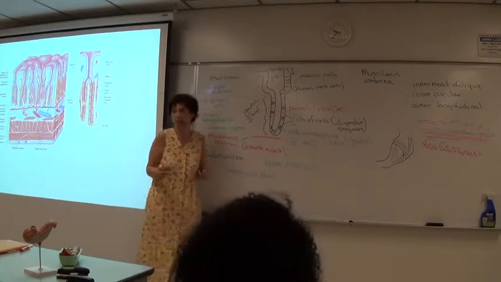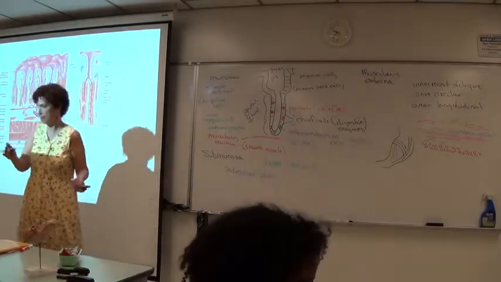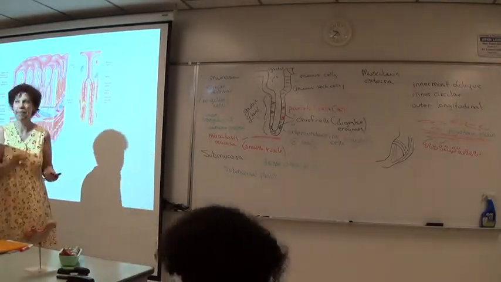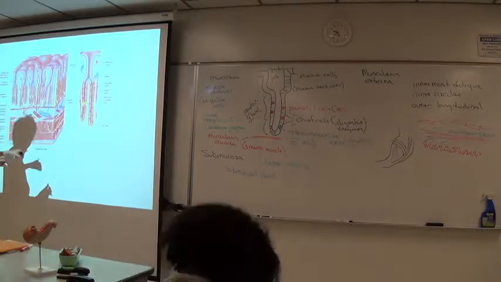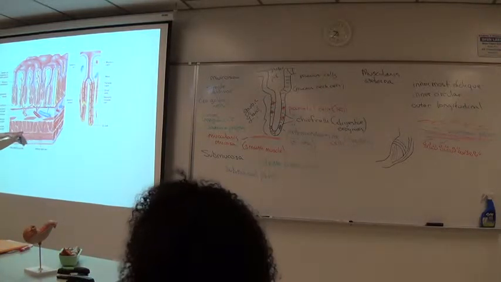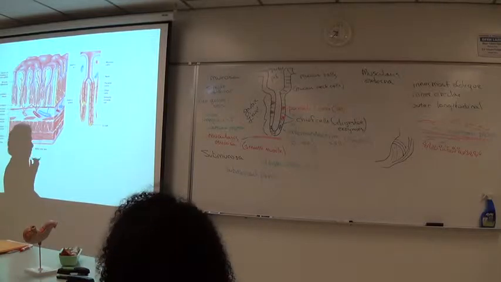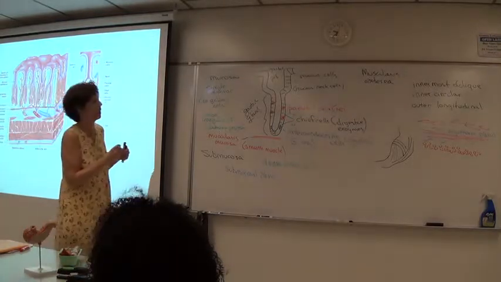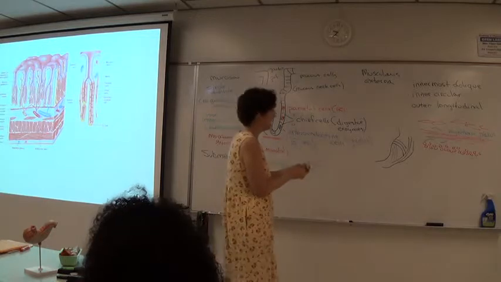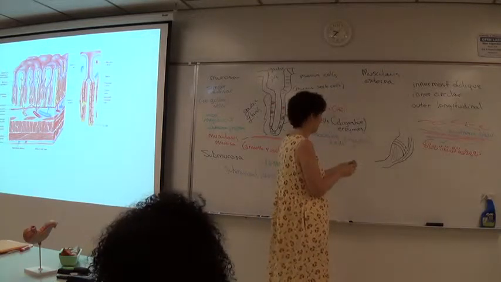They have older terms, Auerbach's and so on, but this is easier to figure out where they are. Myo, of course, we've been referring to muscle. So here's the nerve that you can see here in the myenteric plexus. And we'll look at nerve function on Thursday.